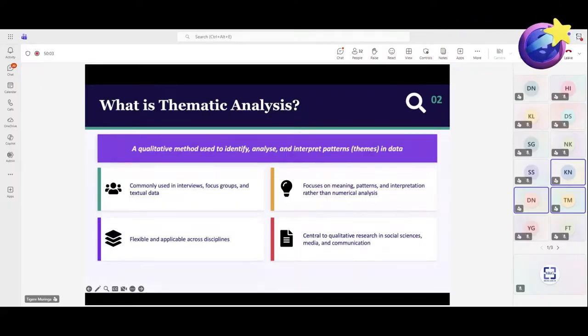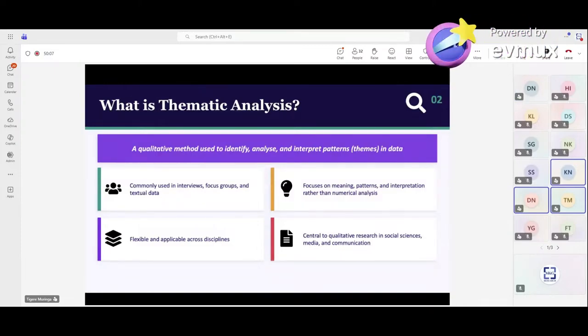So we're saying thematic analysis is commonly used in interviews, in focus groups, and textual data, and it's flexible and applicable across many disciplines, right? You can use it when you're doing content analysis, interviews, focus groups, textual analysis, or mixed methods studies.